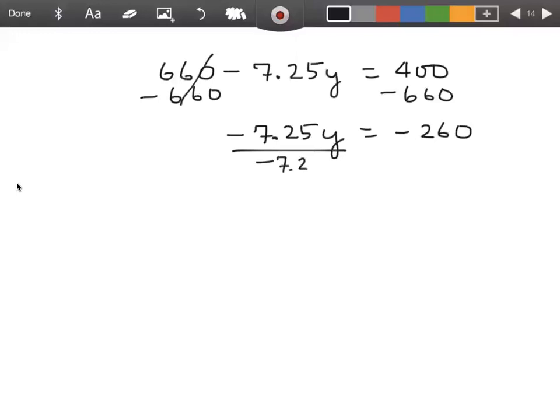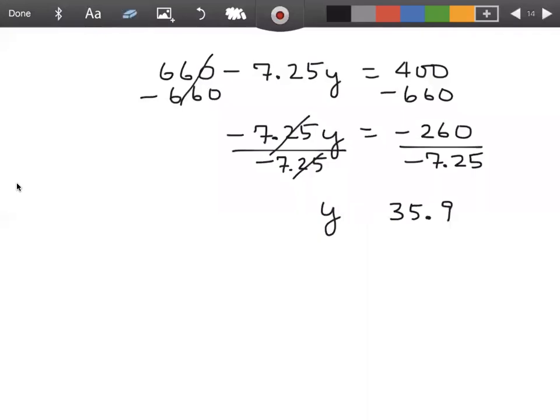Dividing both sides by negative 7.25, we get that y is, let's see, 260 divided by 7.25 is 35.862069 and some other decimals after that. In this problem, they had asked us to round our answers to one decimal place. So I'll round this to 35.9.